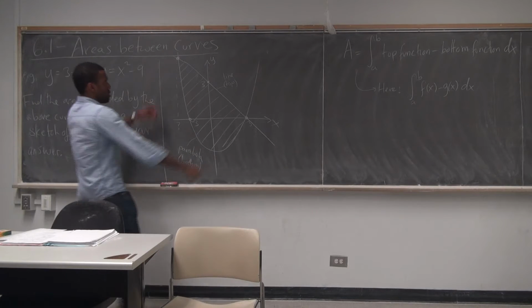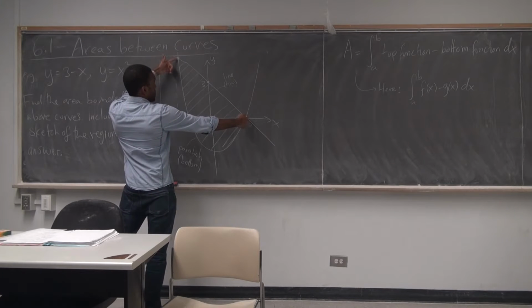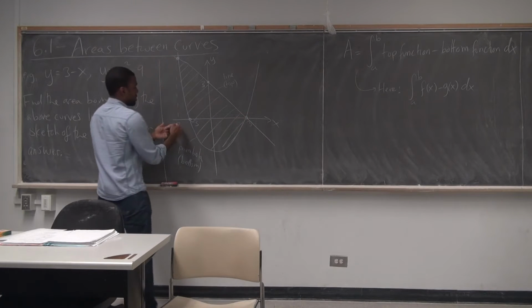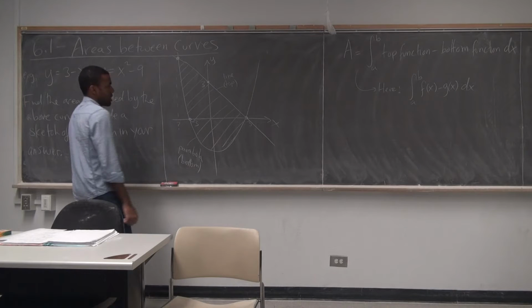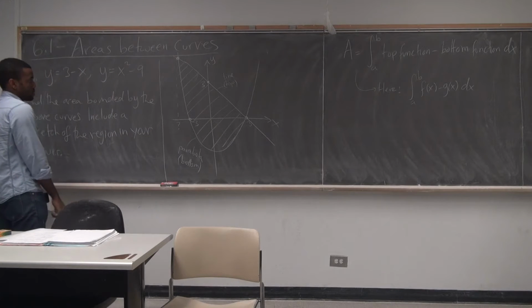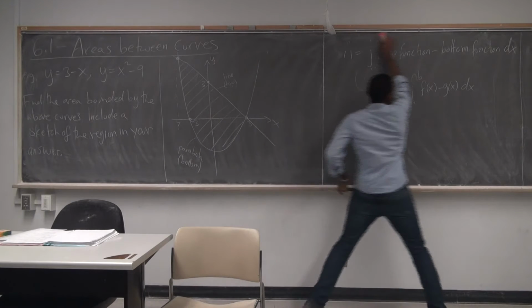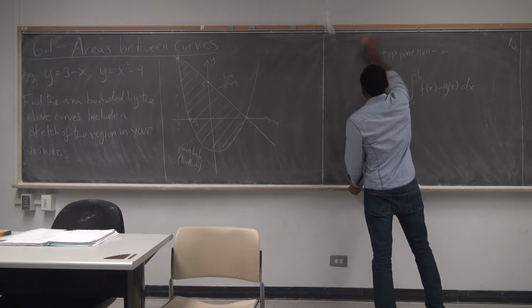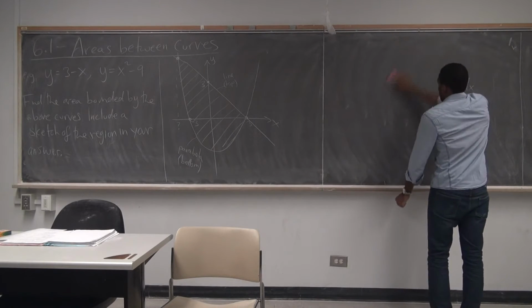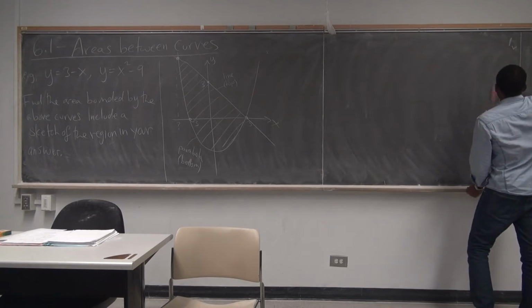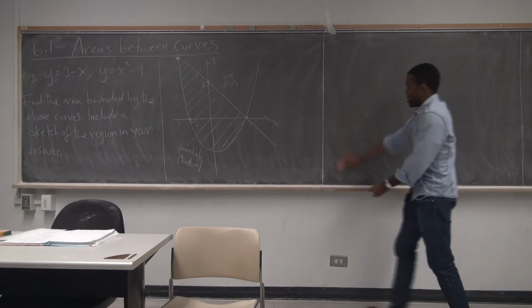So we want to integrate between the limits that bound the shaded region, which means I need to figure this guy out. How do I figure out that guy? We need to find the intersection.